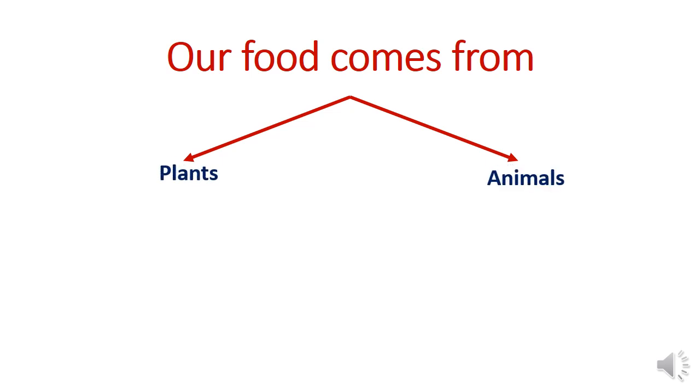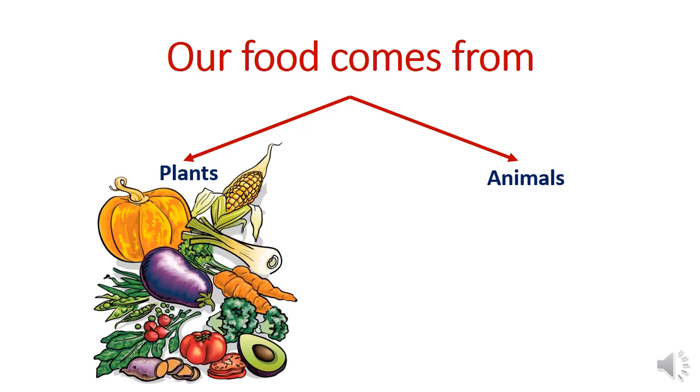The first thing that you should learn is that our food comes from either plants or animals. So plants like what? Plants like the vegetables and the fruits that we eat.